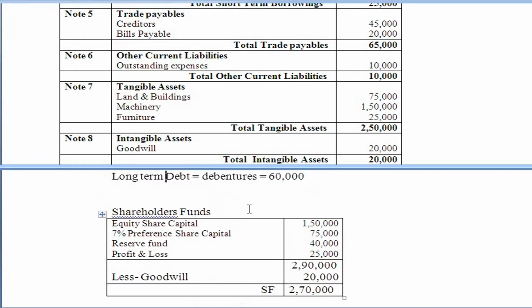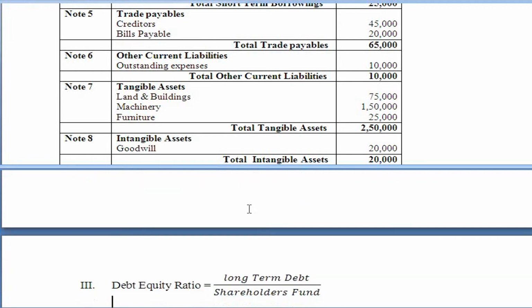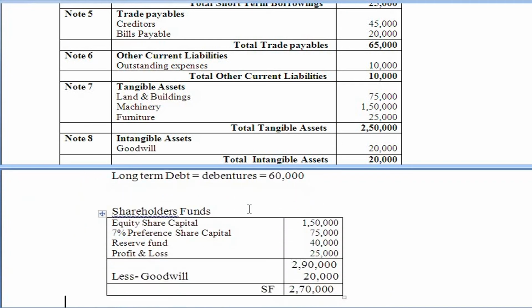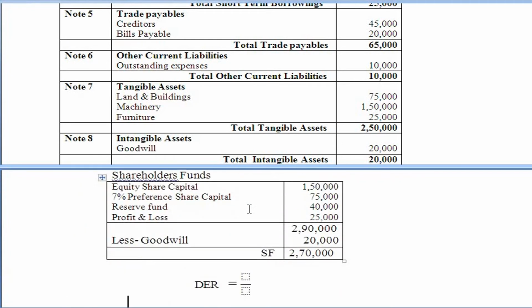So this is the formula, right? Long term debt divided by shareholders fund. The amount of long term debt is 60,000, whereas shareholders fund is 2,70,000. Okay, 60,000 divided by 2,70,000.